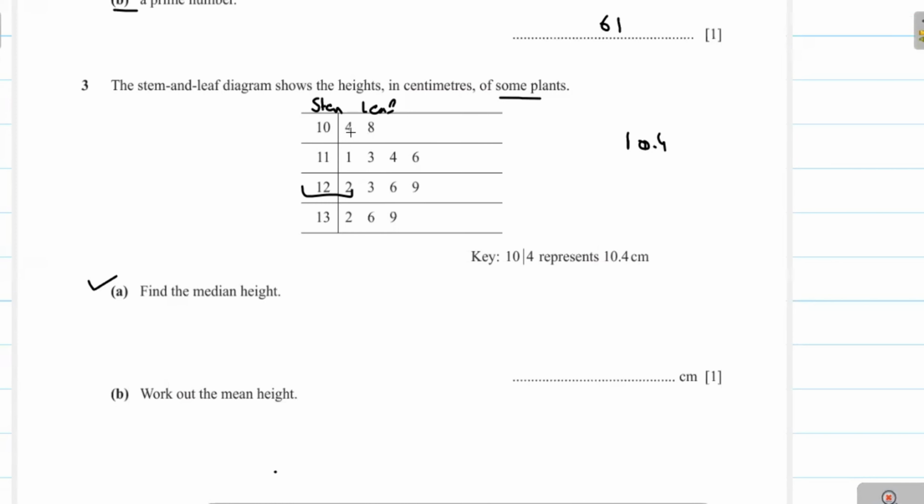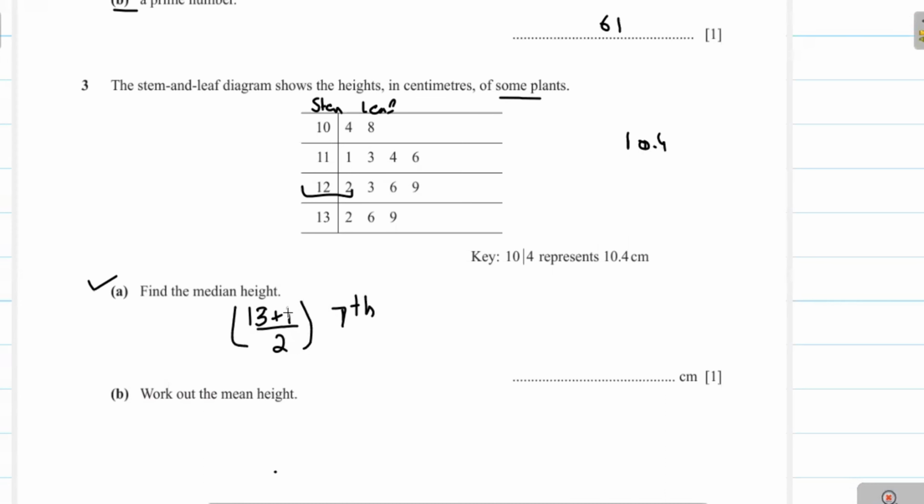You see here how many values there are. 1, 2, 3, 4, 5, 6, 7, 8, 9, 10, 11, 12, 13. Now we add 1 to this value, 13 plus 1 over 2, that's equal to 14 over 2, and that is the 7th value.